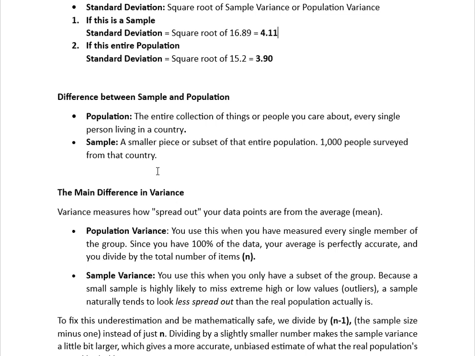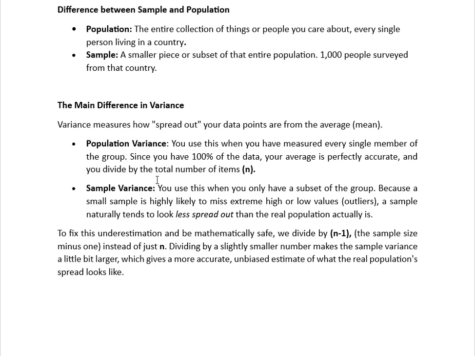Population is the entire group and a sample is just a part of that entire group. Now the main difference in variance. Variance measures how spread out your data points are from the average, which is the mean. For population variance, you use this when you have measured every single member of the group.